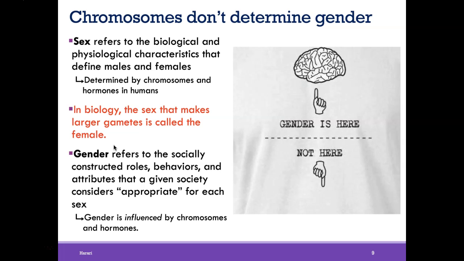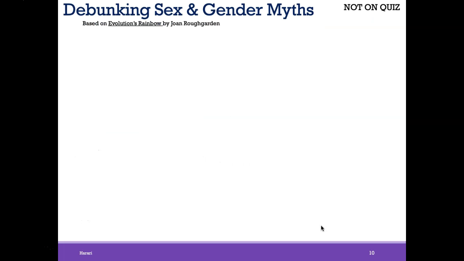So what is masculine in one era might be very feminine in another, right? It's all arbitrary. And again, gender is up here, right? Not down there. So there's, again, an important distinction between sex and gender. We're not going to talk about gender in this course in biology. We'll talk about sex, which talks about the difference in making gametes.